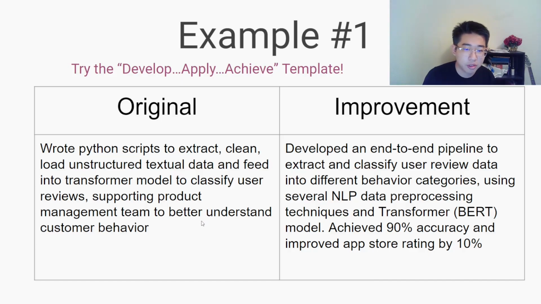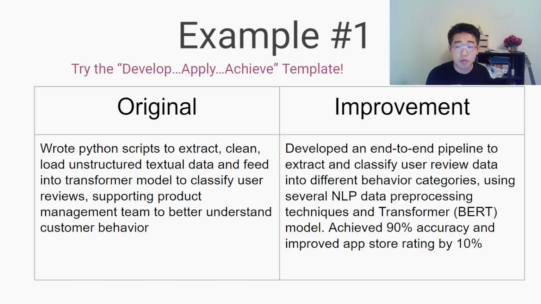What did you do to help the business, right? And that's what we're going to add. If you did all these things, you probably also looked into the performance after production, right? So that's where you want to look for those business metrics to include as well. So let's look at the improvement.